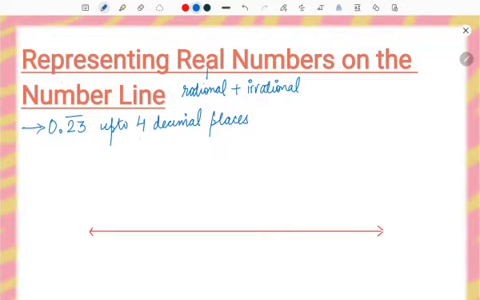Since it is a recurring number, it does not terminate and will go on endlessly, which is why we are going to show it till 4 decimal places. So for 4 decimal places, the number would be 0.2323. This is the number that we have to show, right? Let's start.